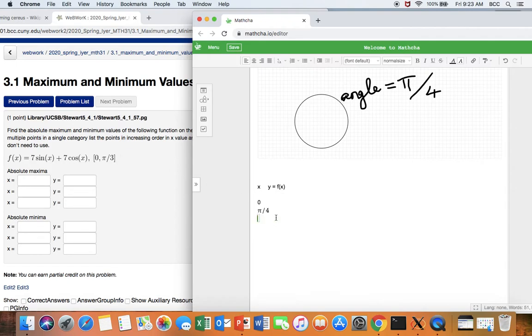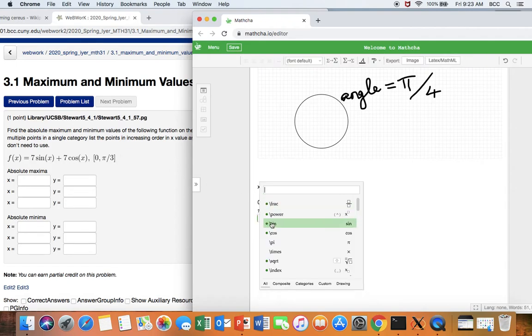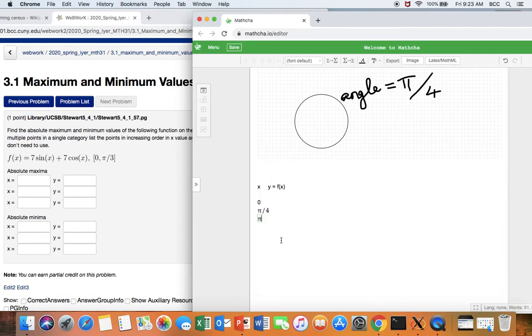So these are the x values we are worried about. Plug in 0 for x, I get 7.